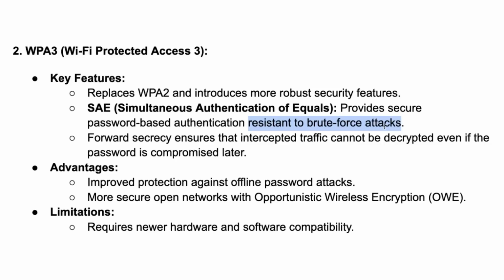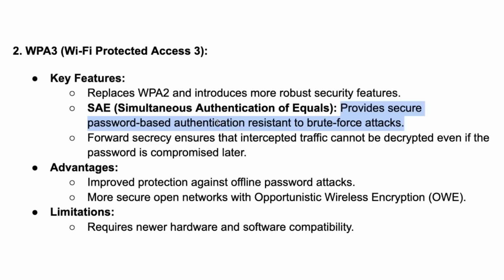In the context of WPA3, we talk about it as the SAE, the simultaneous authentication of equals. This is what provides the resistance to brute force attacks, essentially by making sure that either the system locks out, or for a certain amount of time nobody is allowed to use passwords anymore, or the network itself will stop all connections and send a notification to the administrator user, which is the main account holder for the internet service.